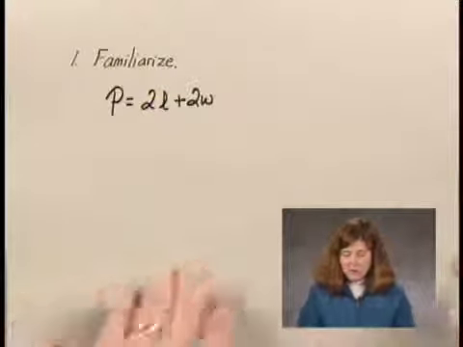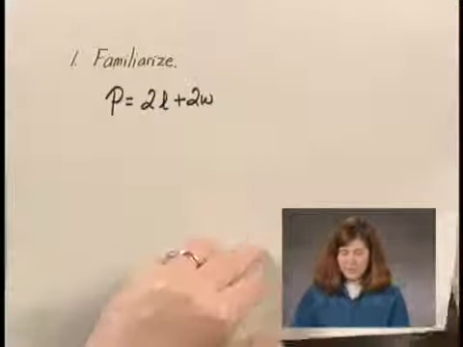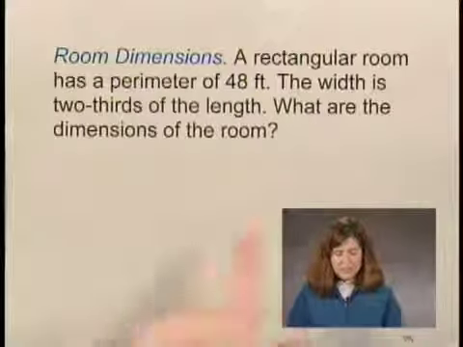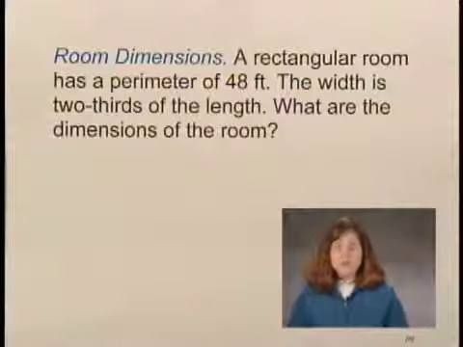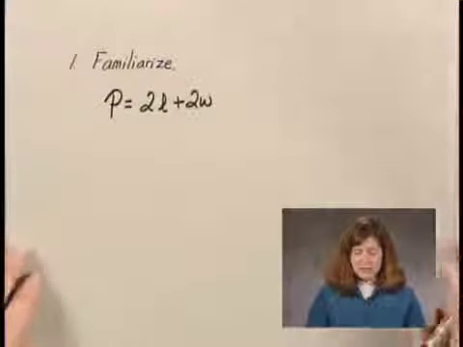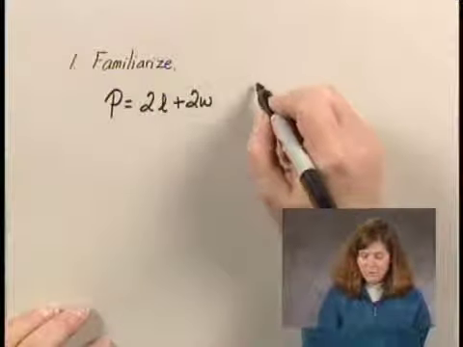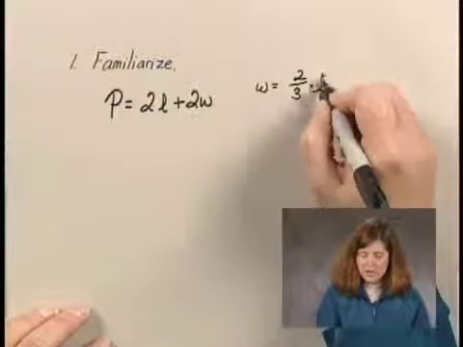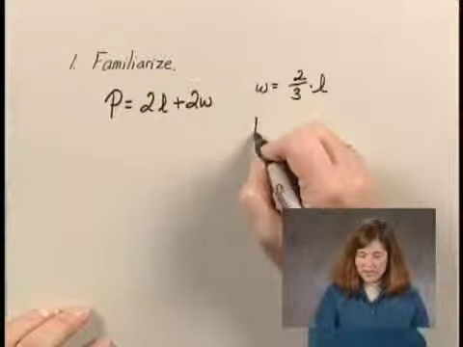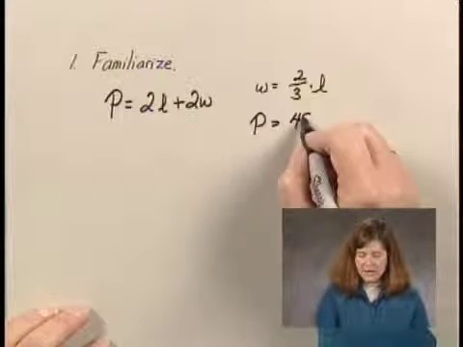And what do we know? Well, we know from the problem situation that the width is 2/3 of the length and the total perimeter is 48 feet. So we might want to write that the width is 2/3 of the length and the perimeter is 48 feet.